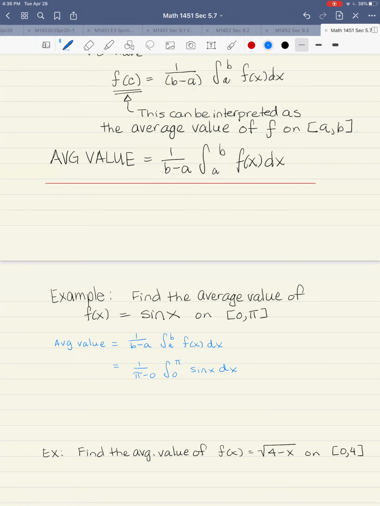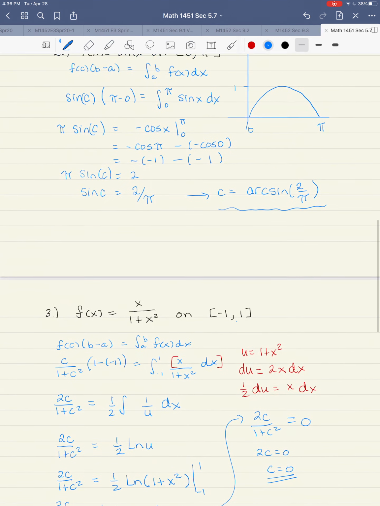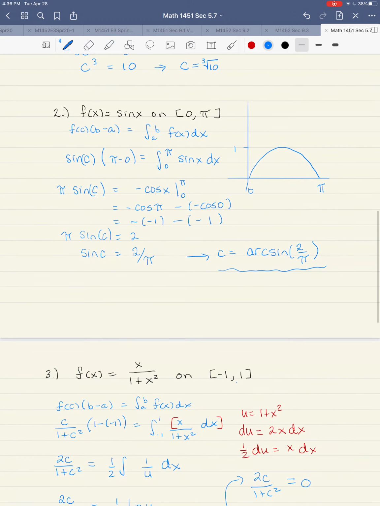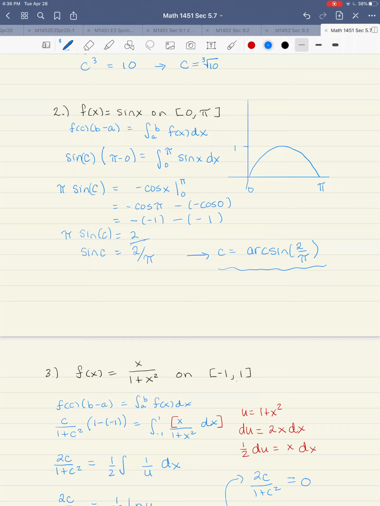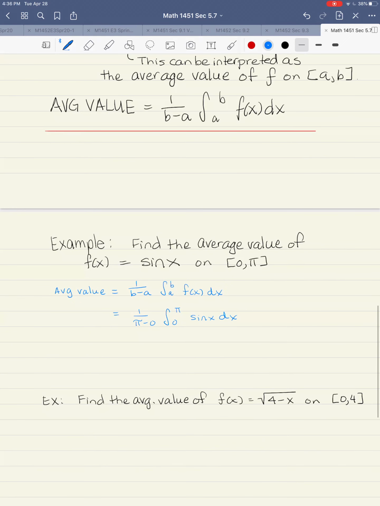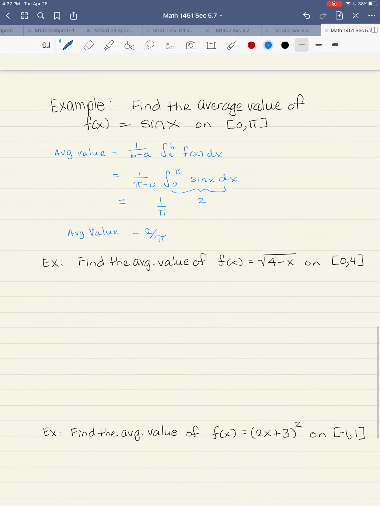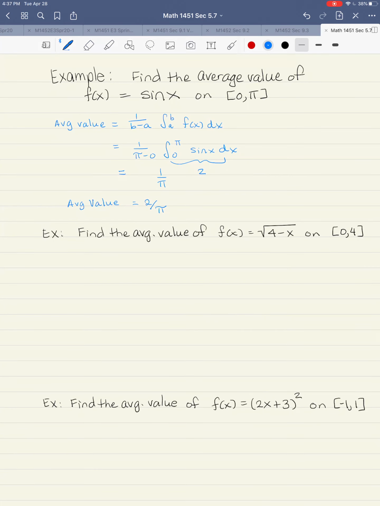So here we're going to have 1 over pi minus 0 times the integral from 0 to pi of the sine of x dx. That's the one that we did just a second ago, and we got that that integral was equal to 2. So this integral is 2. This is 1 over pi, and so we have that the average value is equal to 2 divided by pi.